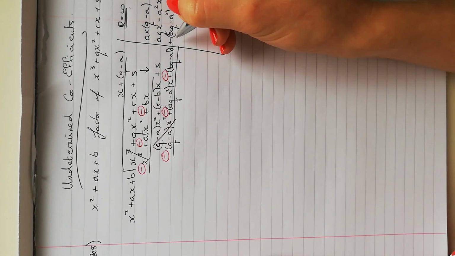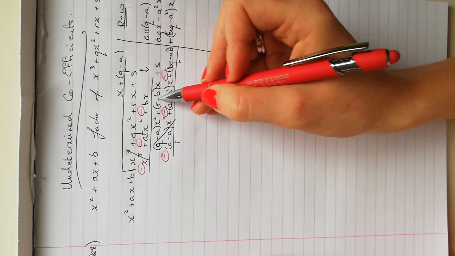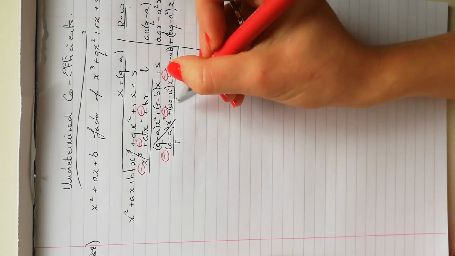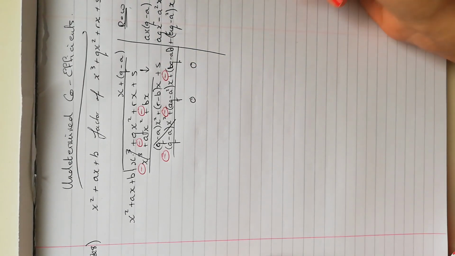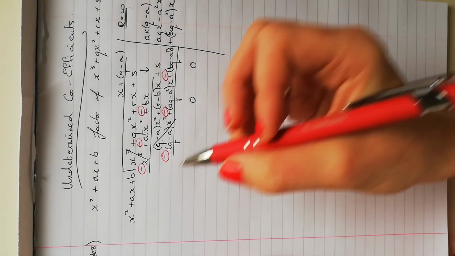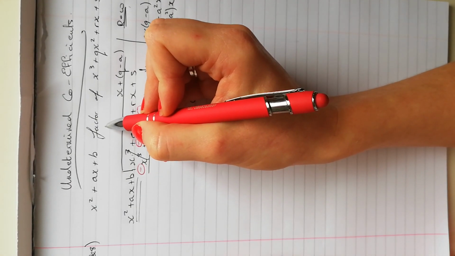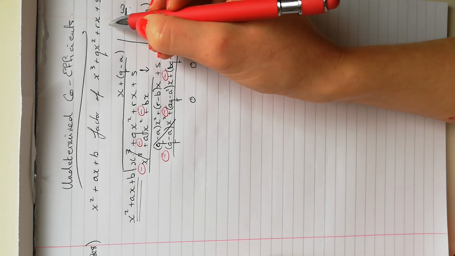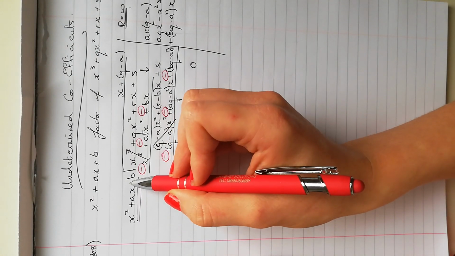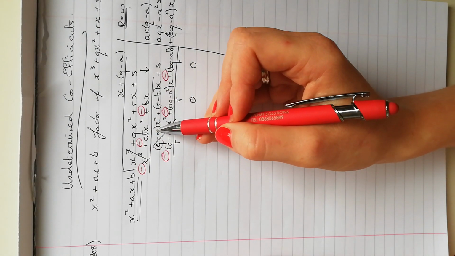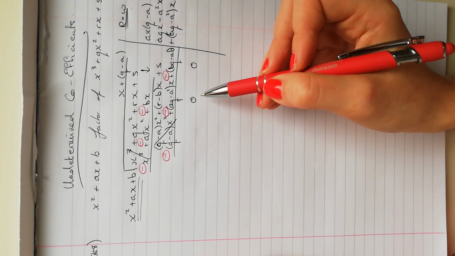Now these two things here have to add together to give us 0, and these two things here have to add together to give us 0. Why? Because we were told that this here is a factor of that cubic, and when you divide a factor into the thing that it's a factor of, the remainder is always 0.